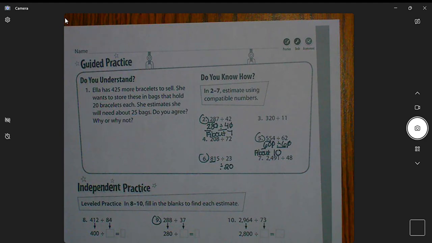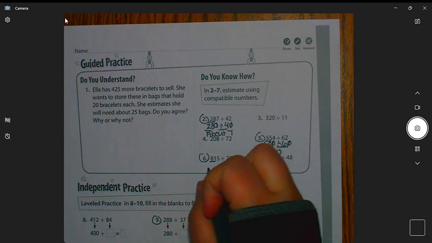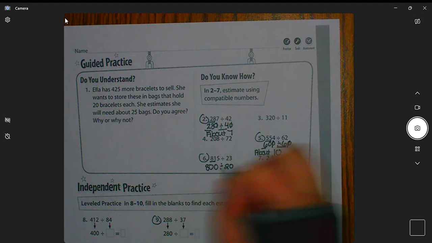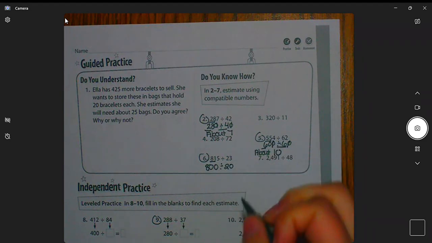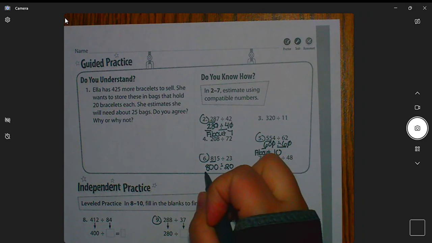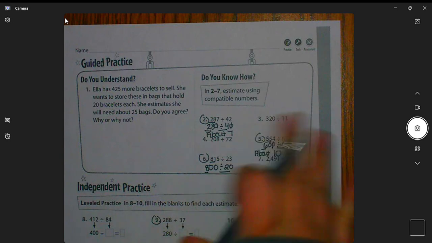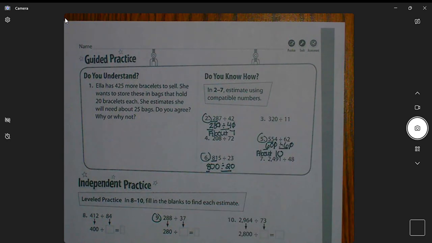If you're saying 80, you would be correct. And this 5 will become a 0 because I have rounded, I have estimated. So 8 divided by 2 is the basic fact that I see. Do you see that fact too? What is 8 divided by 2?